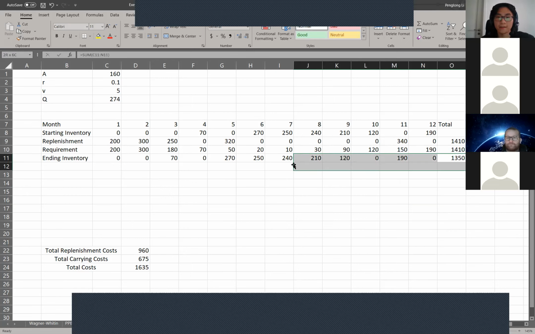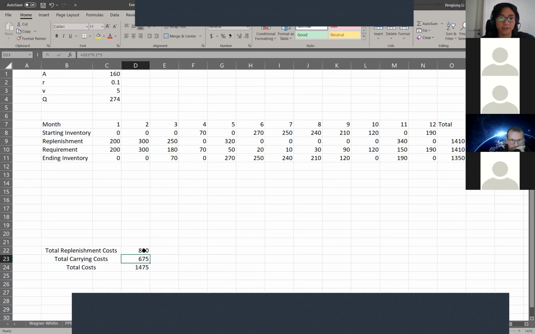And you can see that I calculate the ending inventory for each month by using the function in Excel, and then you get the total by summing from here to here. And to calculate the ordering cost, we just see how many times we are ordering. 1, 2, 3, 4, 5. So 5 here.